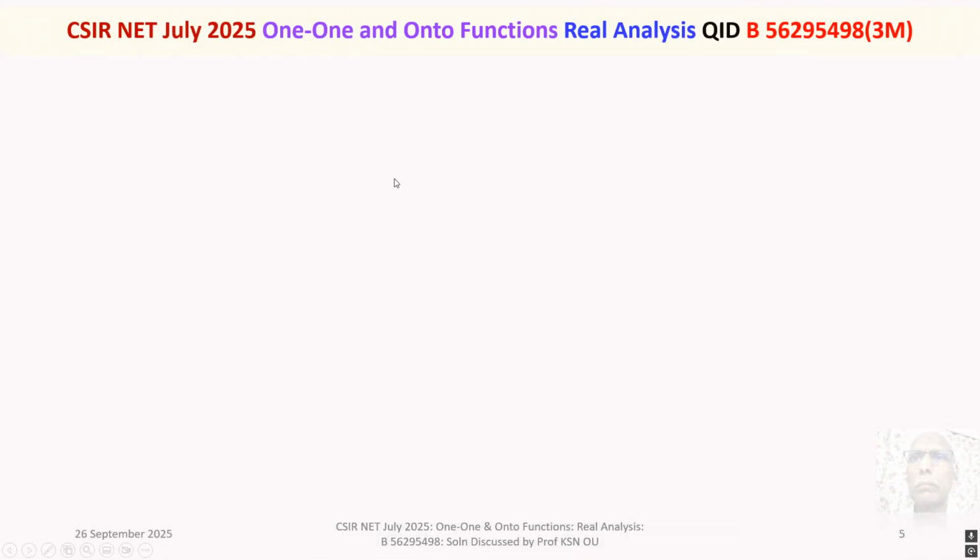Right. The given question is, let A and B be non-empty subsets of N, the set of natural numbers, with cardinality of A greater than or equal to 2.